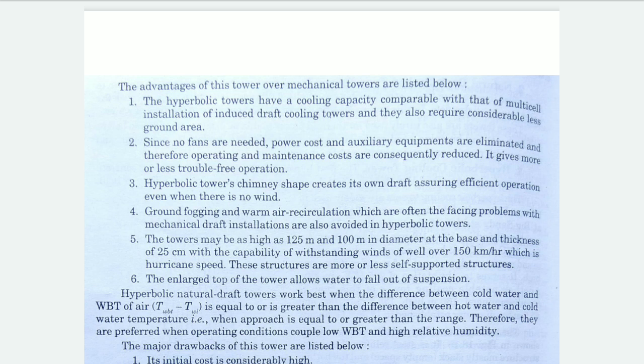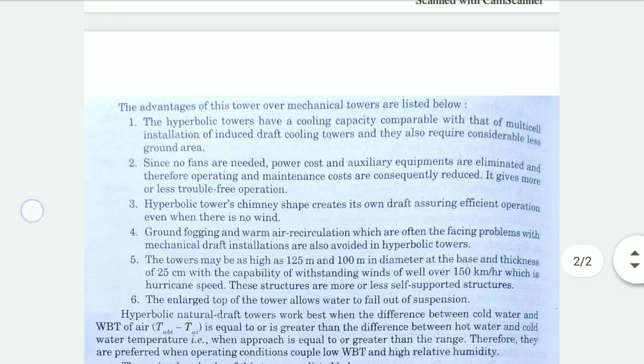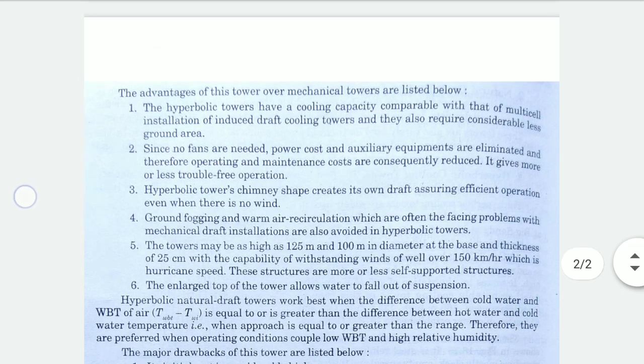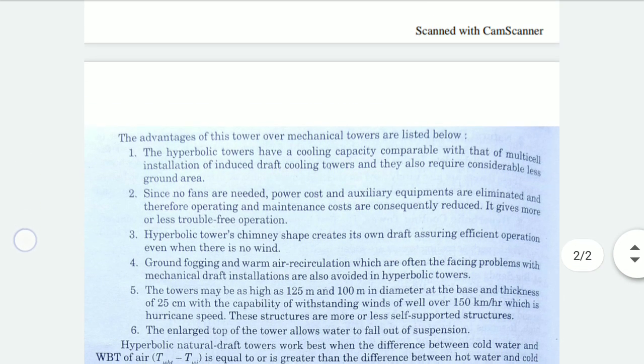It gives more or less trouble-free operation. Means there is no fan, so the maintenance of the fan, the operation cost and the power required to run the fan are reduced. The hyperbolic tower's chimney shape creates its own draft, assuring efficient operation even when there is no wind. This is another advantage.